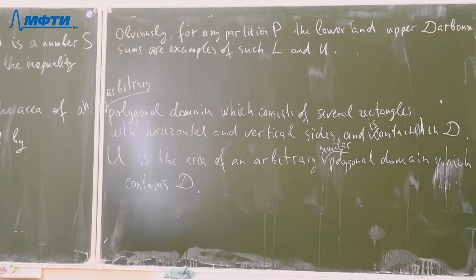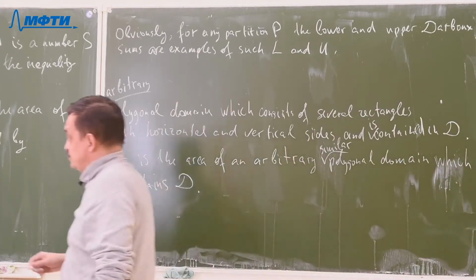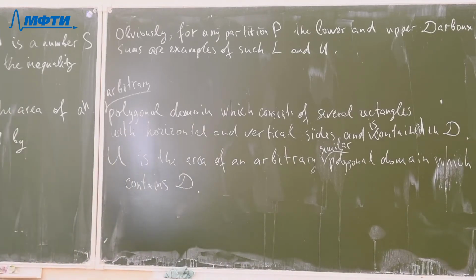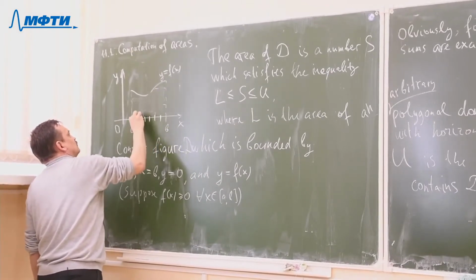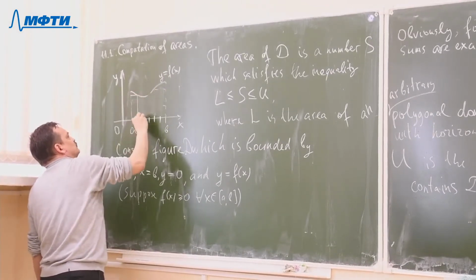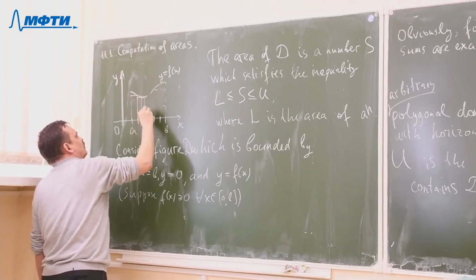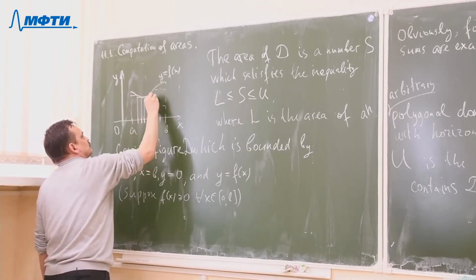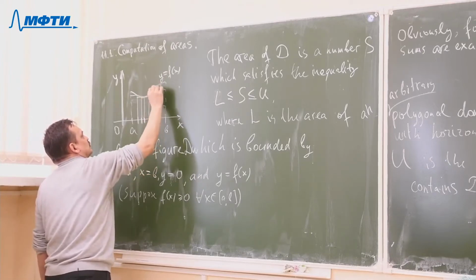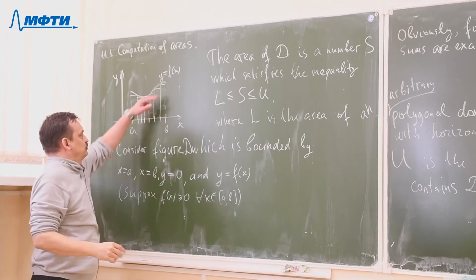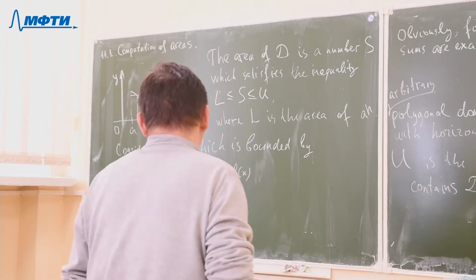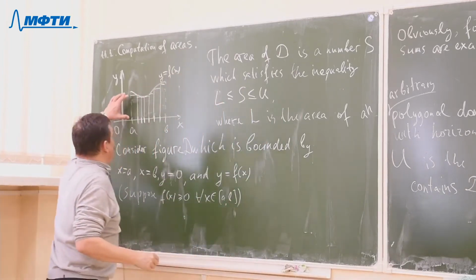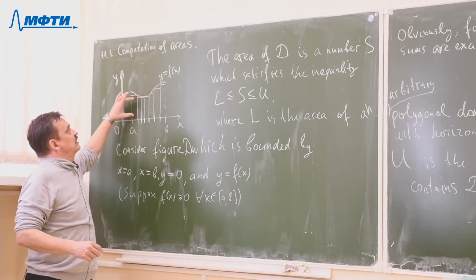Because remember, what is the lower Darboux sum? How was it defined? We took a partition, right? And then we took the infimum of the value of our function on every such small interval and multiplied it by the length of this interval. So the lower Darboux sum is the area of such a rectangular domain.